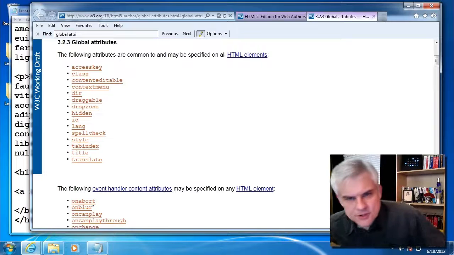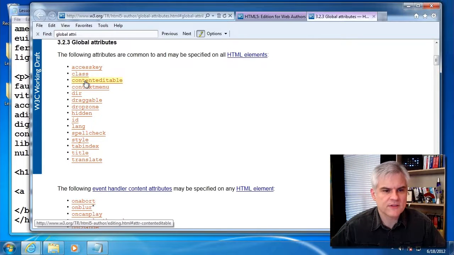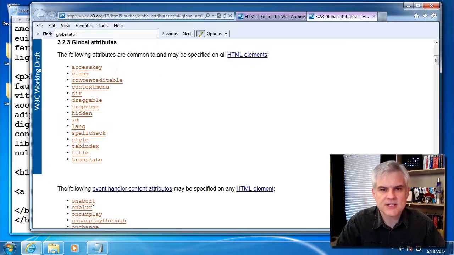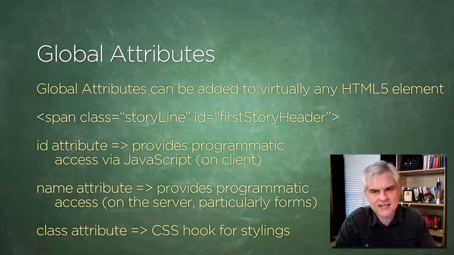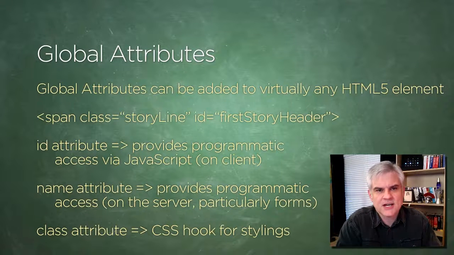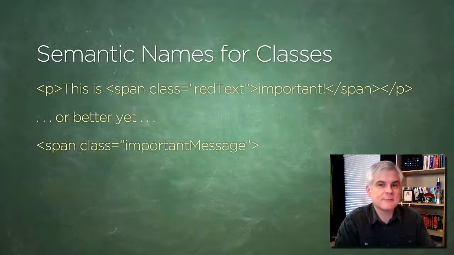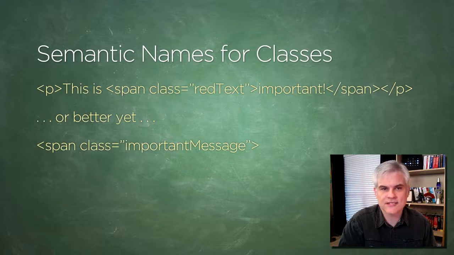The class attribute, as you can see, it's one of the global attributes that are available, is a classification of a given element. You can invent as many class values as you wish, and they're typically used by cascading style sheets as a hook for styling the elements on your web pages. Other software could utilize the class attribute for other purposes, but it's a good idea to keep class names semantically correct as well.